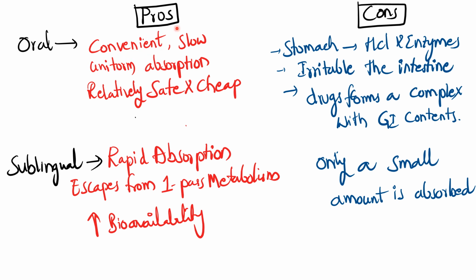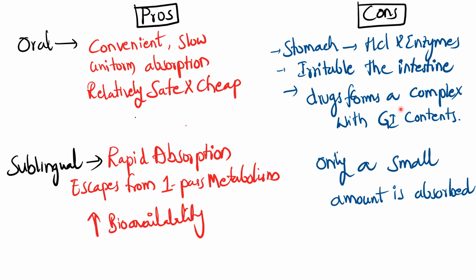The pros, meaning advantages, are that it is convenient, absorption is slow and uniform, and it is relatively safe and cheap. Whereas the cons, or disadvantages, of the oral route are that in the stomach some drugs interact with HCl and enzymes, and some might be destroyed. Some drugs are irritable to the intestine, and some drugs form a complex with GI content.